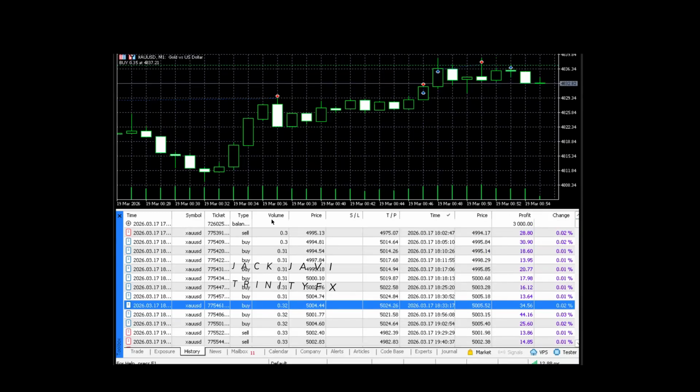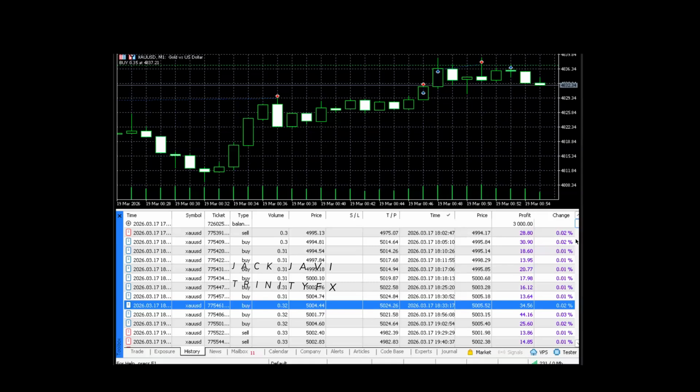The lot size, the volume, changes based on the balance, because the bot calculates based on the risk percent set. I set the risk to 10% at first, but when the profit kept rising, I had to reduce it to 5% risk, because the volume was now doing 0.5 plus.